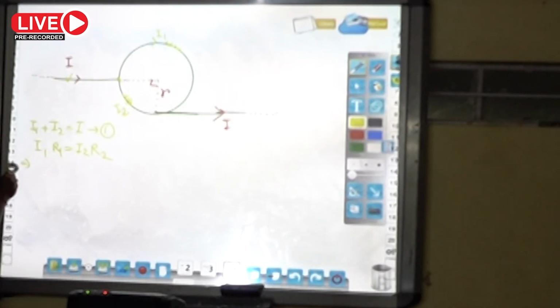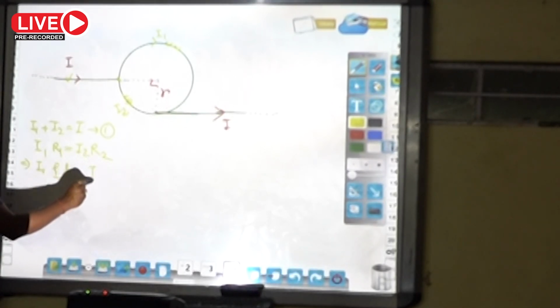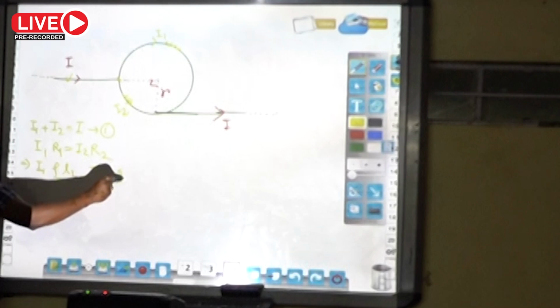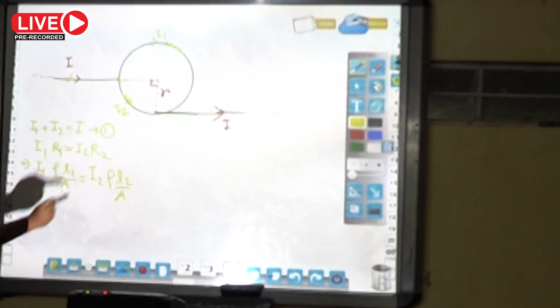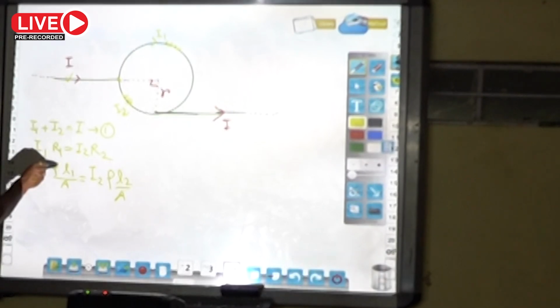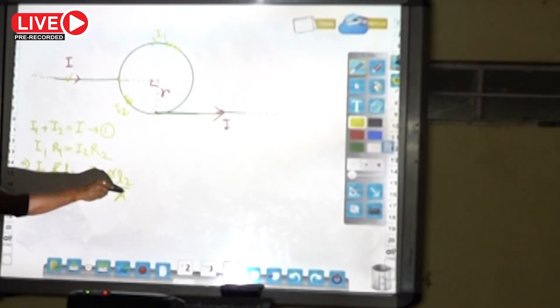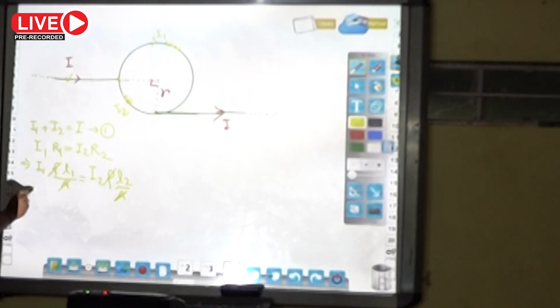Now R1 can be written as rho L by A, so it will be rho L1 by A, and I2 equal to rho L2 by A. Because the area of cross section is given the same, both rho and A will cancel from both sides. Now what is L1?